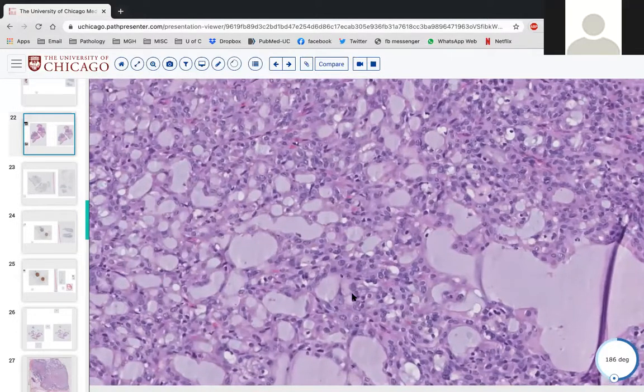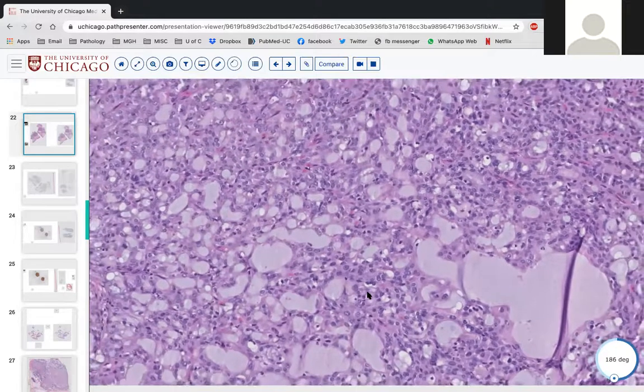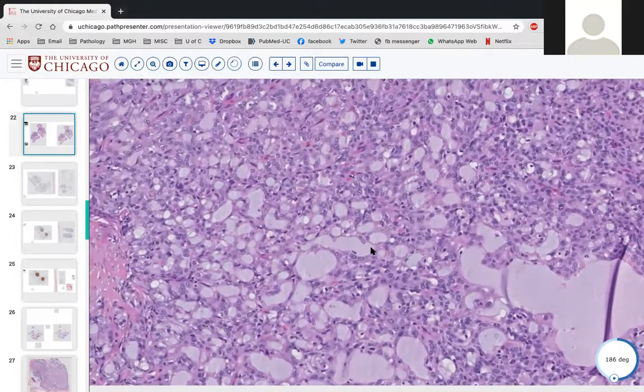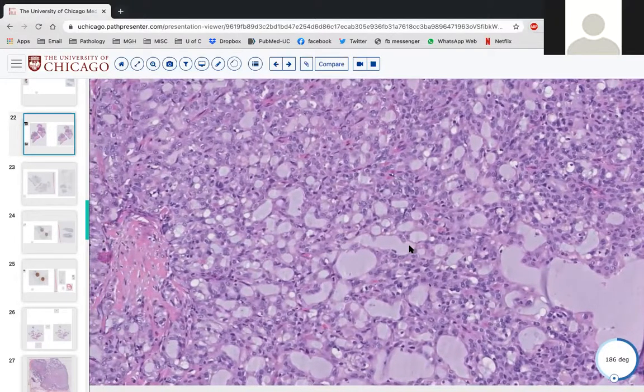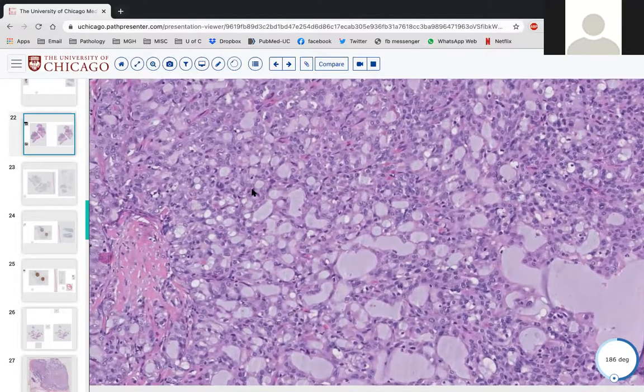Morphologically, the spaces look a little bit more cribriform. So I was thinking about something more cribriform, maybe the cribriform variant of polymorphous adenocarcinoma of the salivary gland.